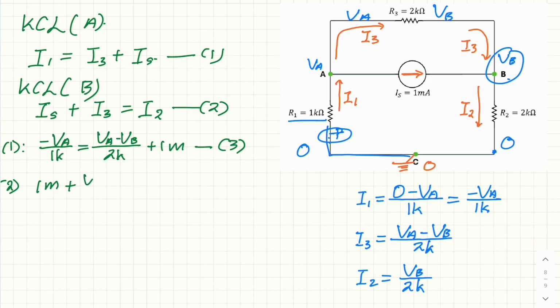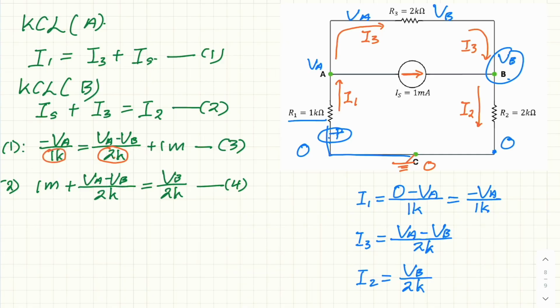This is VA minus VB over 2K, and this is equal to I2. I2 is VB over 2K. This is equation 4.